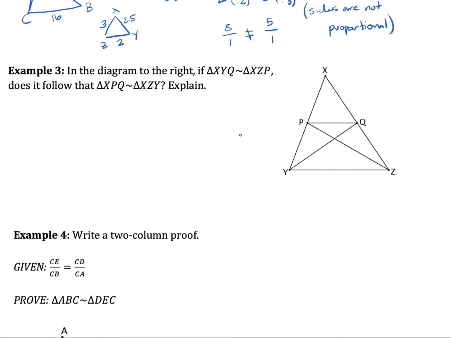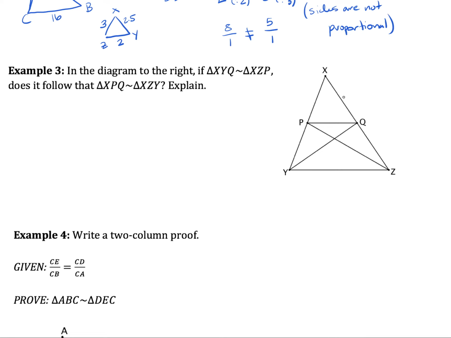It says, in the diagram to the right, if triangle XYQ is similar to triangle XZP, does it follow then that triangle XPQ is similar to triangle XZY? So first of all, we know that there's a pair of similar triangles.